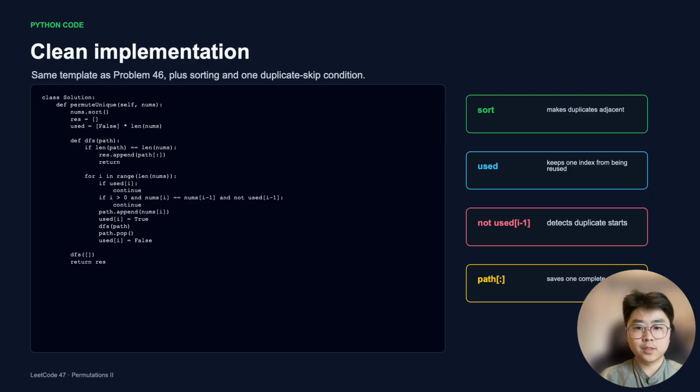We also use DFS, and a complete path is copied into the result. After choosing a number, we recurse, and when the recursive call returns, we remove the number and mark its index as unused. And finally we use backtracking. So that's the whole code, I think.